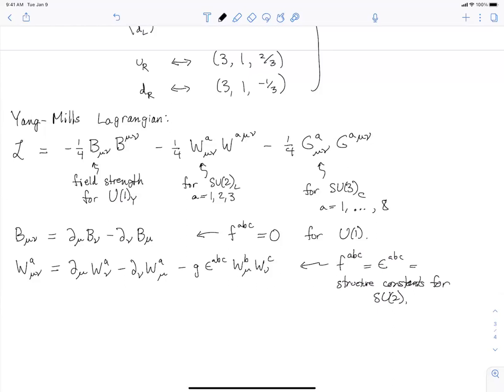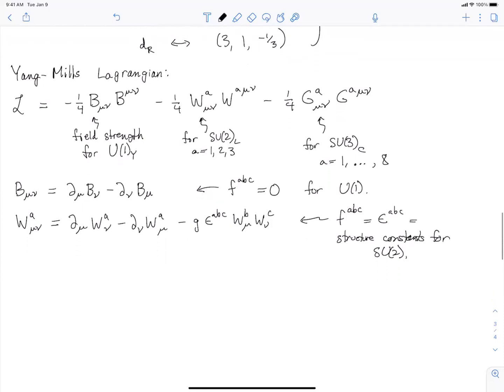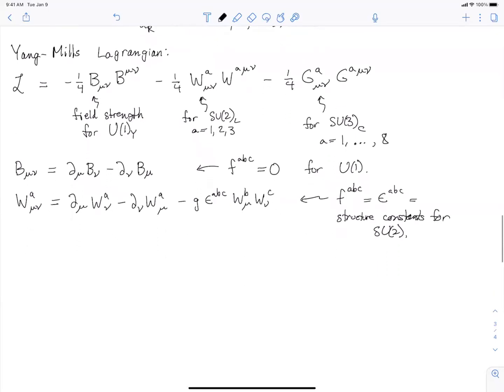Okay, so now in terms of these, we can write down the interactions of fermions with the vector fields, which comes entirely from the covariant derivative. So, interactions of fermions from covariant derivatives.